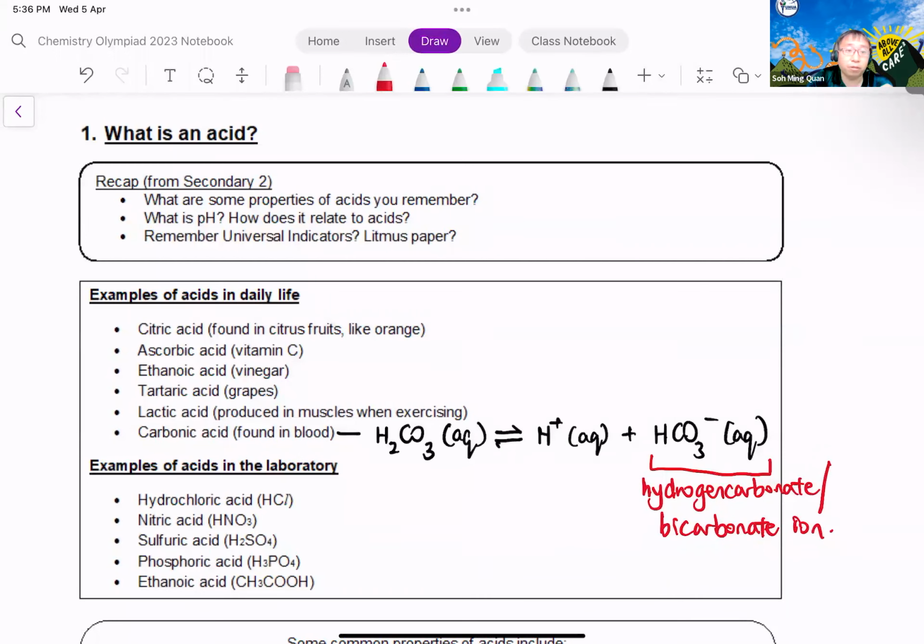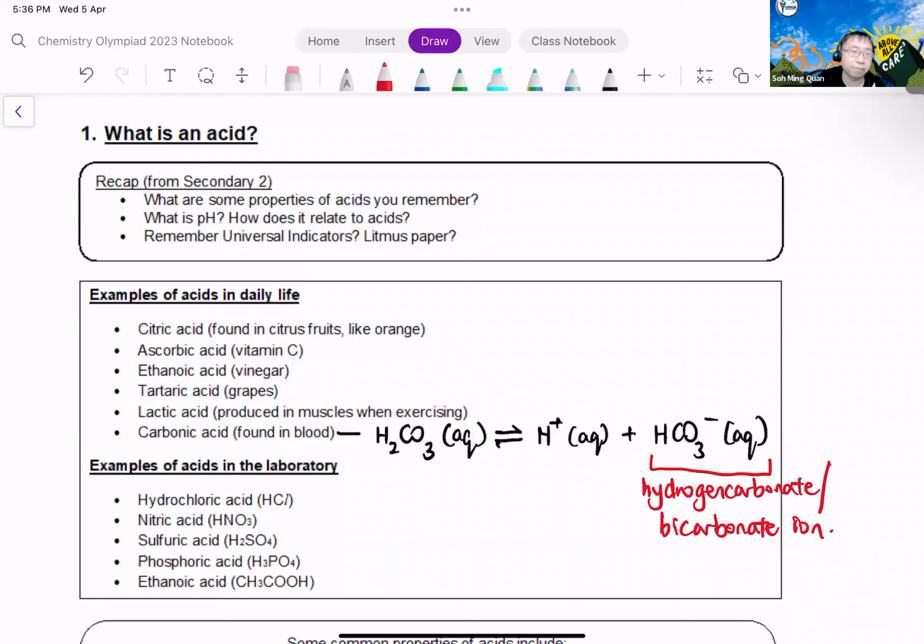Now, this is very important. This reaction that I've just written out is what maintains the pH of blood at a constant level. For those of you doing pure bio, you will be familiar with the fact that your entire body's pH, temperature, all these conditions must be kept constant.